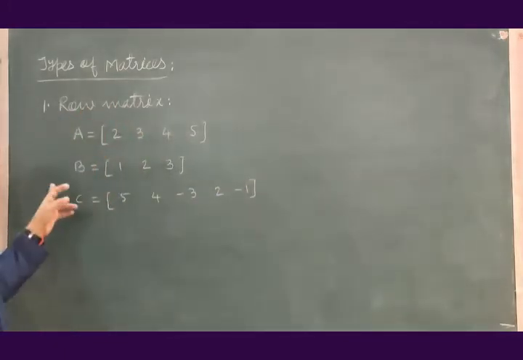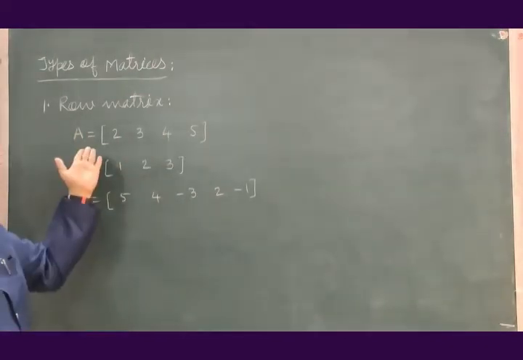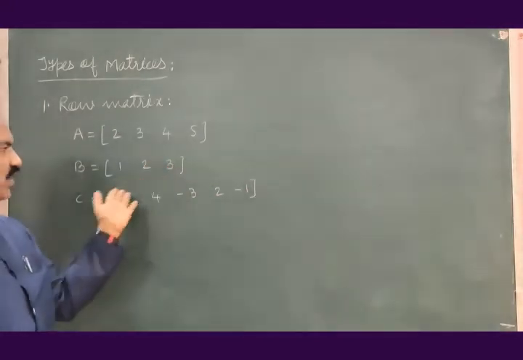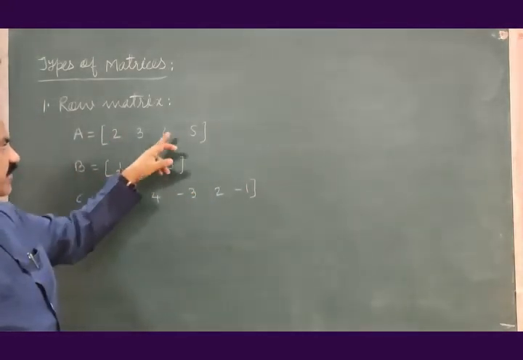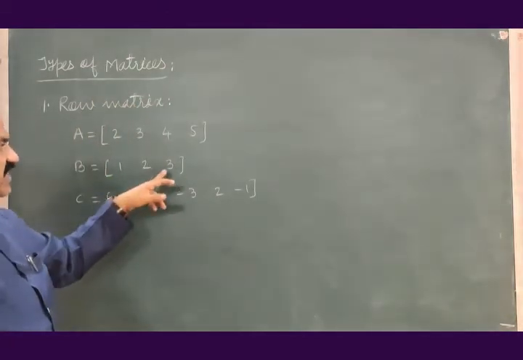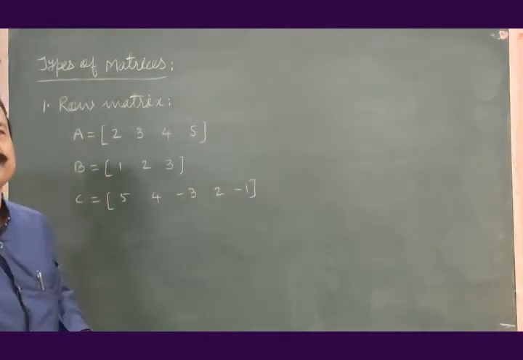A is a row matrix, B is a row matrix, C is a row matrix, because it has a single row. This matrix has 4 columns, this matrix has 3 columns, this matrix has 5 columns.